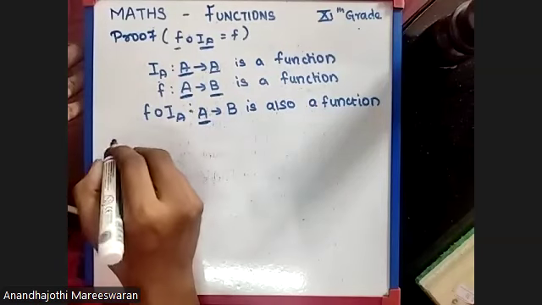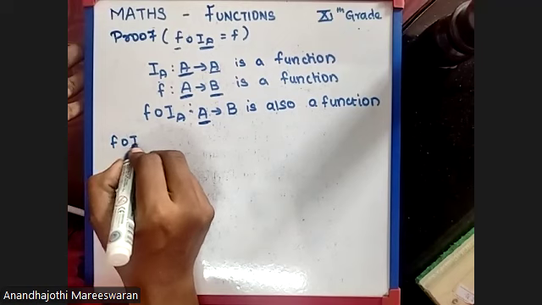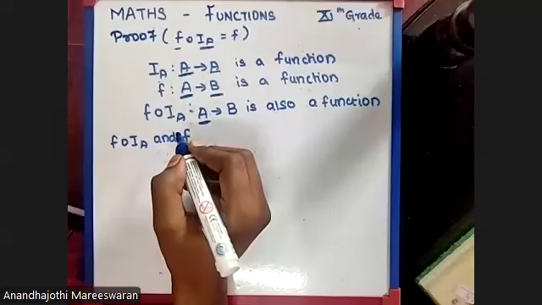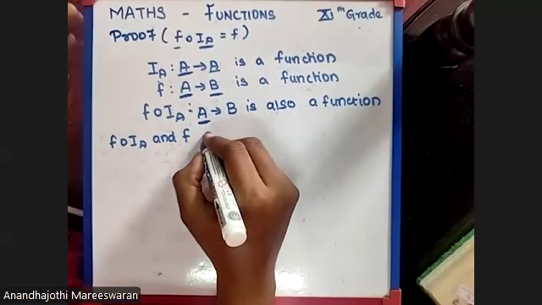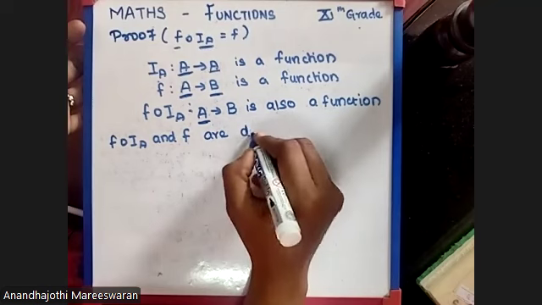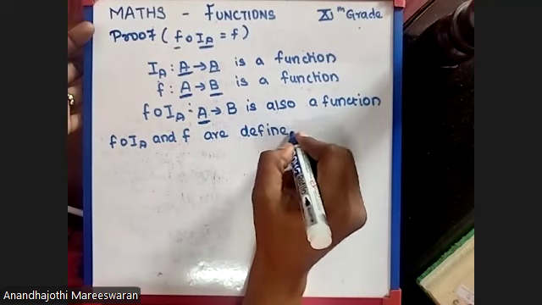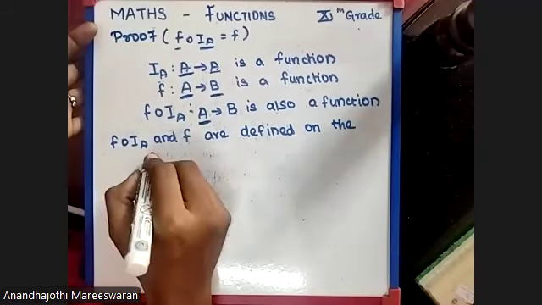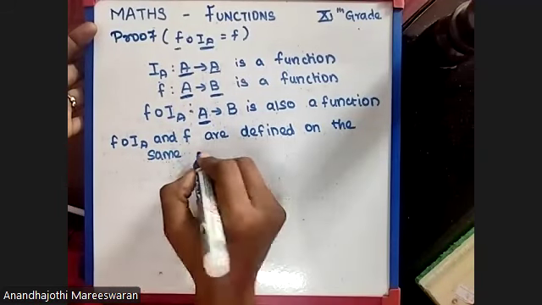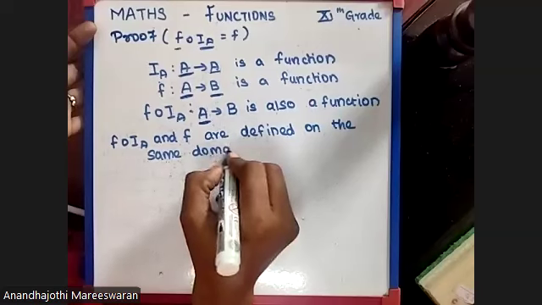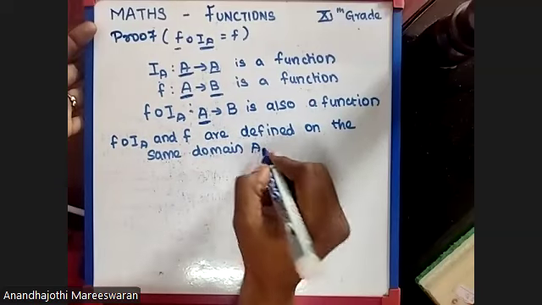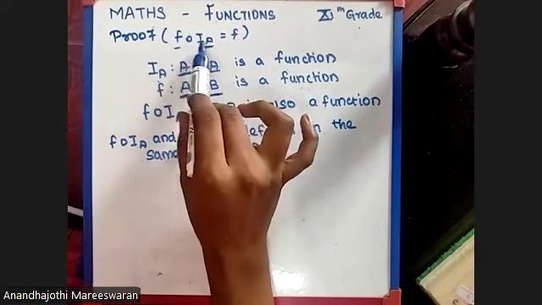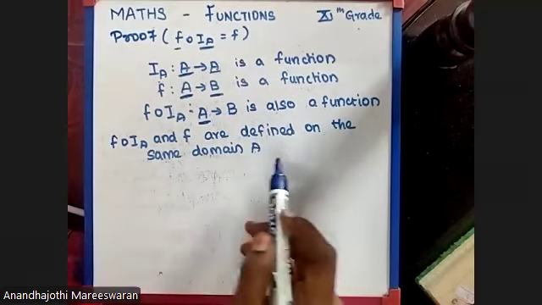A. So, F circle IA and F are defined on the same domain A. Okay, clear? So, we proved that both F circle IA and F are in the same domain, right?